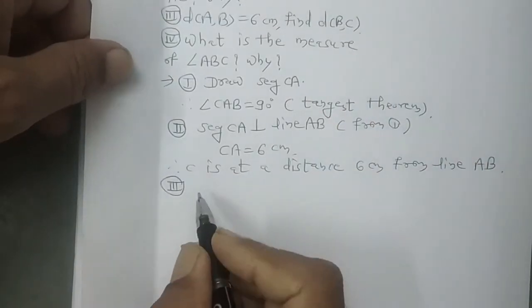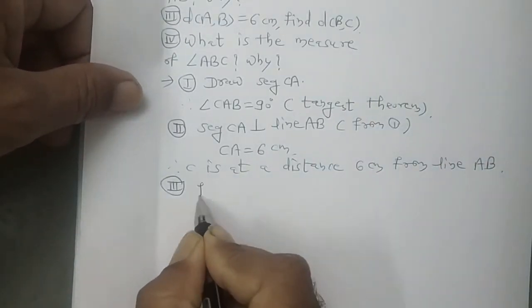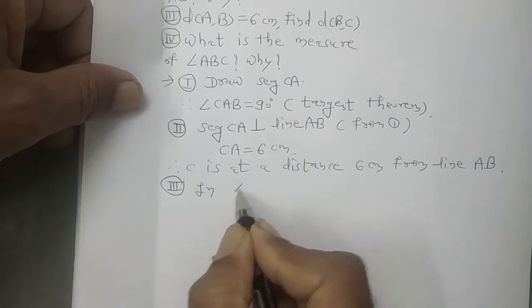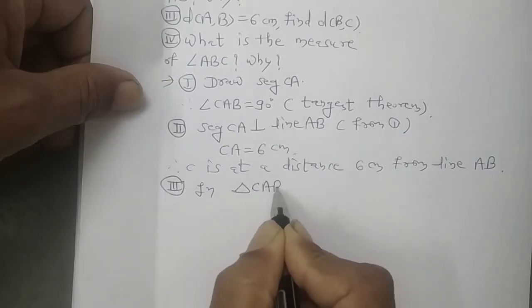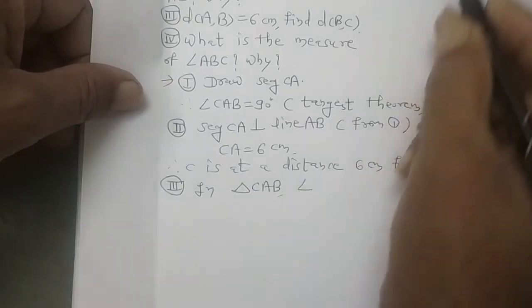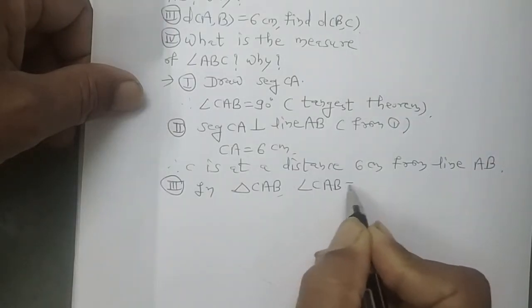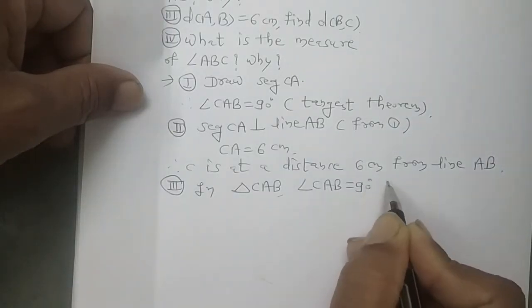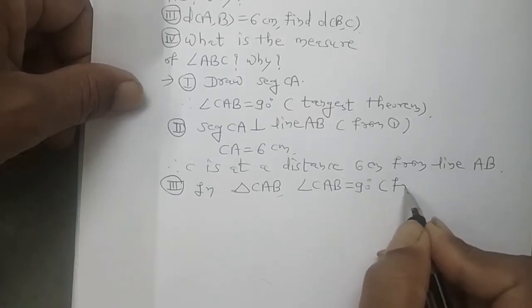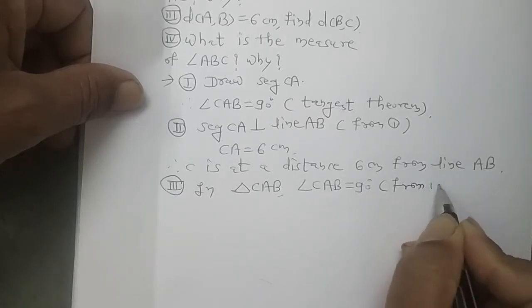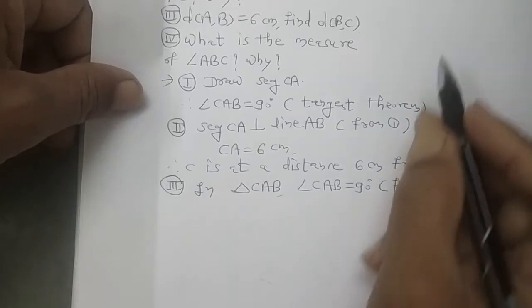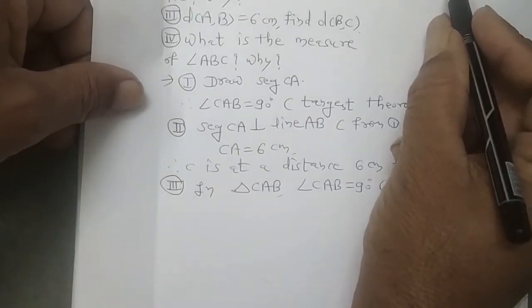Now write down third. In triangle CAB, angle CAB is equal to 90 degree. Write down from 1. This angle is of 90 degree.